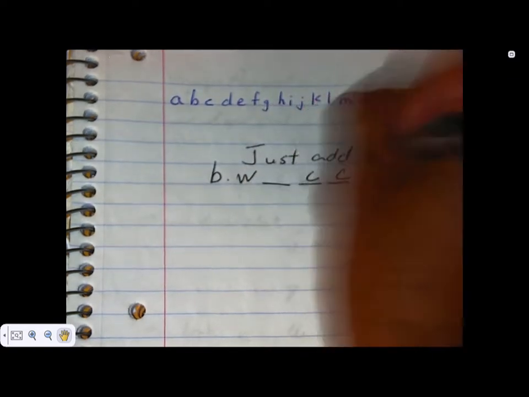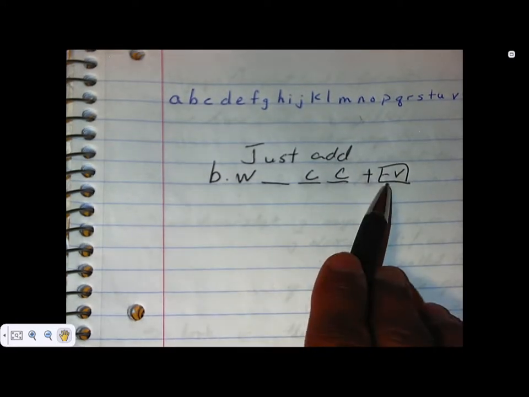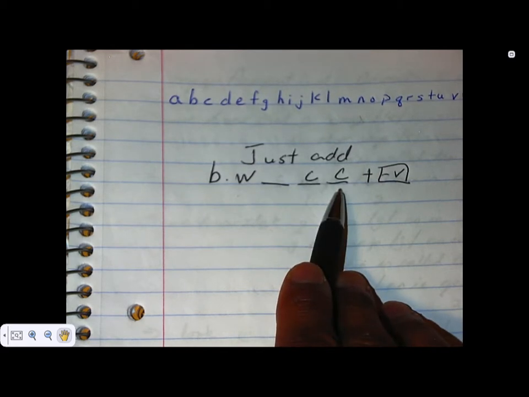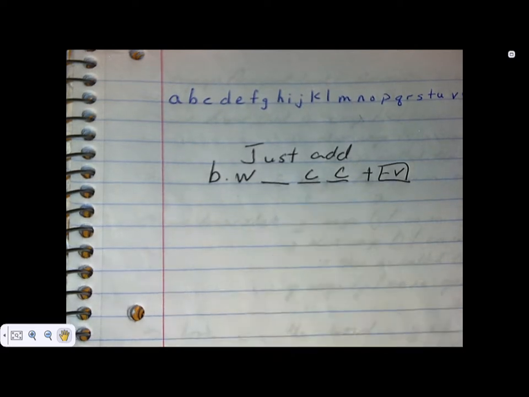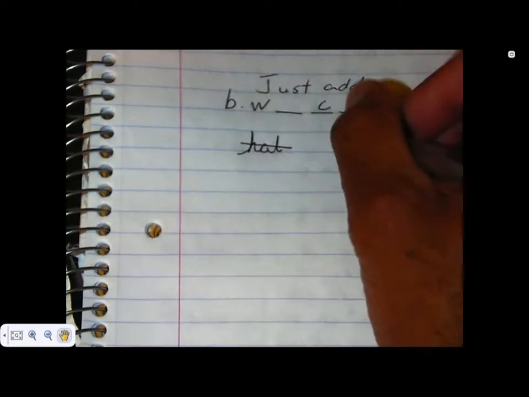That rule is called just add. So if we have a base word and we want to add a vowel suffix, we're going to look at the last three letters of the base word. If the last two are consonants, all we're going to do is add the suffix. And you say, what in the world does he mean? So let's look at this word, H-A-T. Well, no, that's not what we want. That's a different rule.